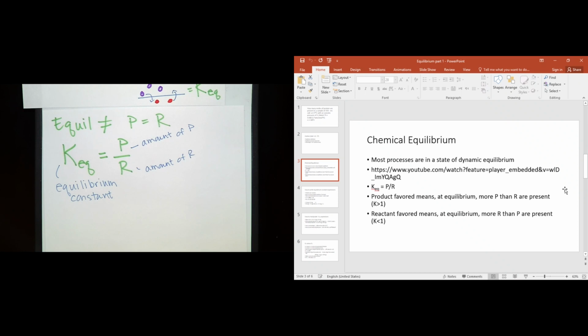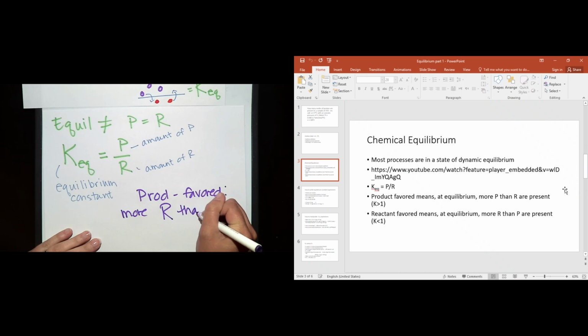You're going to disassemble those reactant particles, molecules, compounds, and you're going to reassemble to form product. That's happening when we say it's product favored at that temperature. It means you have more product than reactant. So product favored just means there's more product, capital P, than reactant, capital R, at equilibrium.